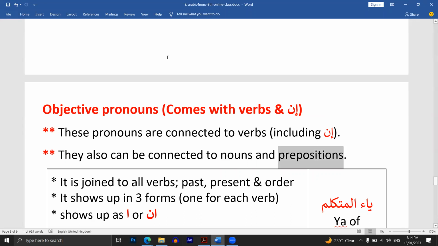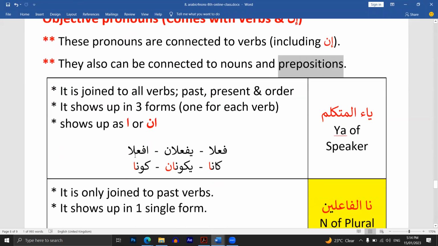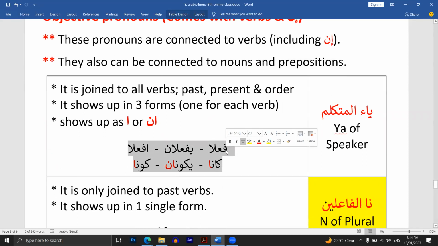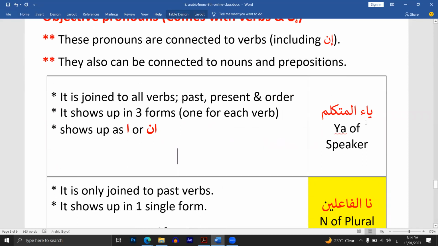So let me take 1 minute to feel it. Okay, I will just use the same examples. The first one is ياء المتكلم. Here it will show up as an object this time, not a subject. So I will say ساعدني, يساعدني.